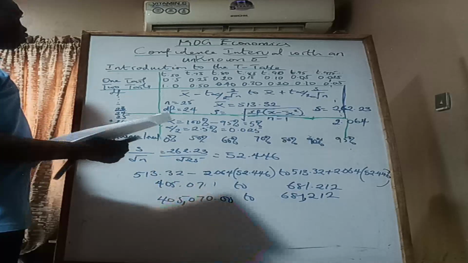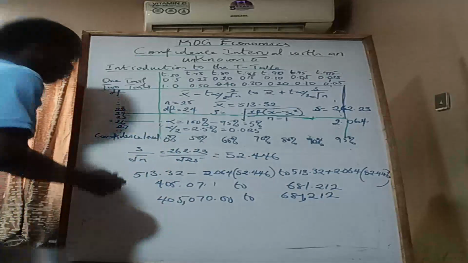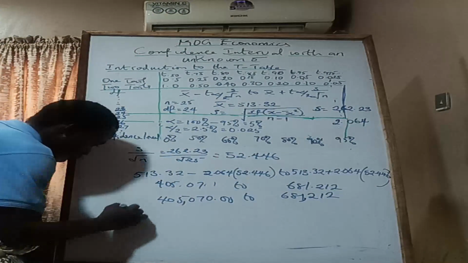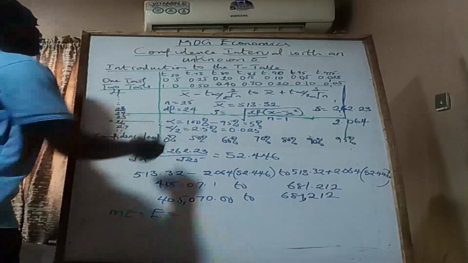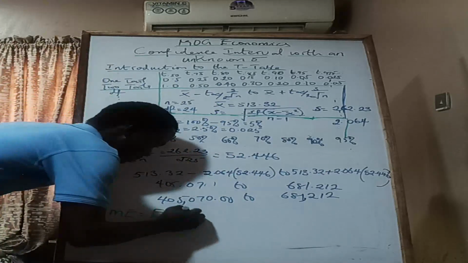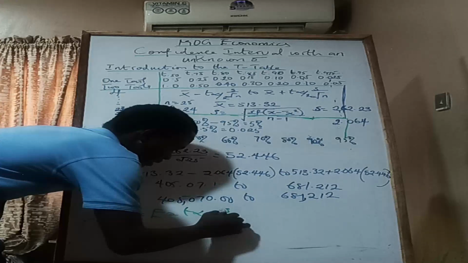All right. So if you also want to calculate the ME, the margin of error, some textbooks will just write it as E. It's analogous to what we did. So it's going to be t alpha over 2, then the standard deviation over root n.